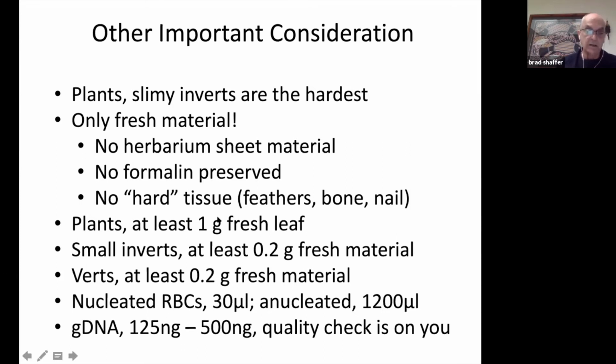If you're going to skip the extraction part and send us genomic DNA, depending on the organism and the size of its genome, somewhere between 125 and 500 nanograms. And you'll again see in our instruction sheet that there's some quality checking you need to do before you send it to us.